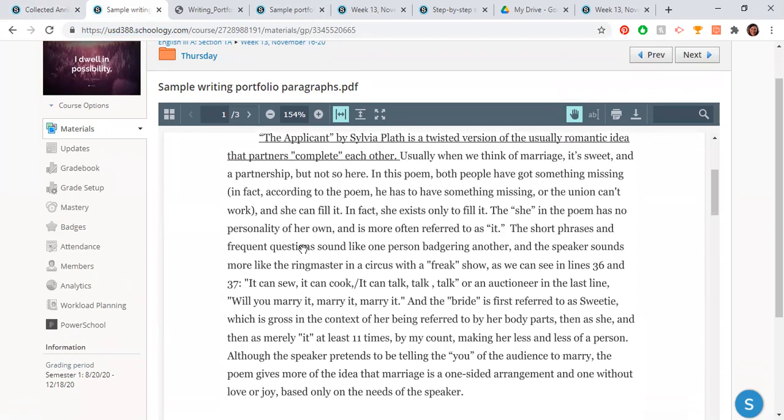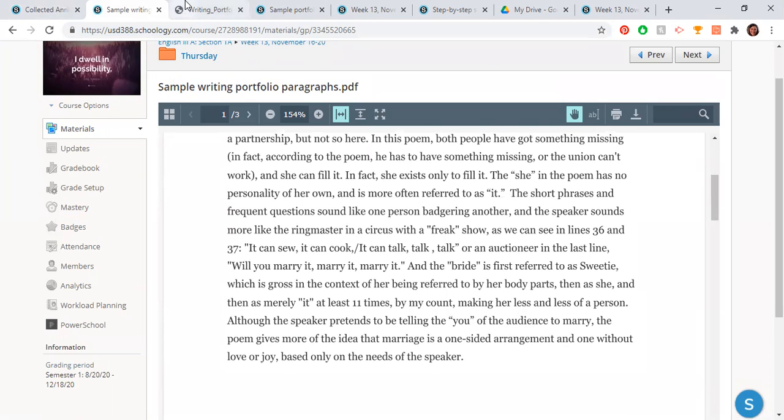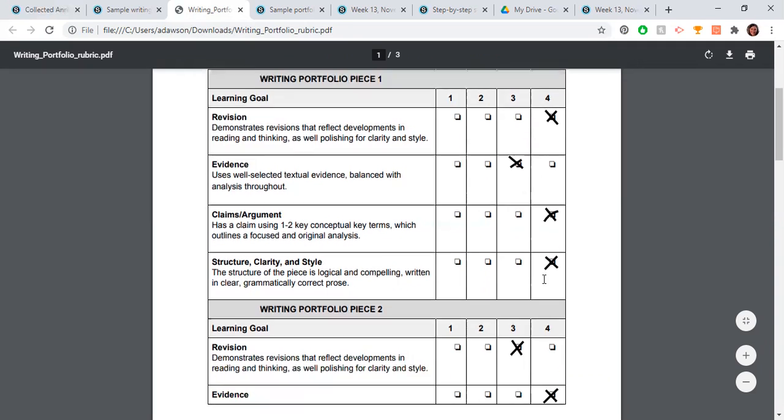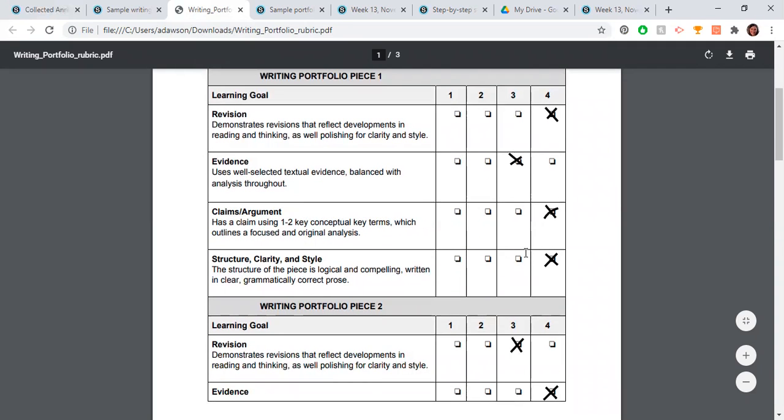There is definitely a lot, but it's not always balanced with analysis throughout, so giving it a 3. It does have an excellent claim or argument, which is very clearly marked, and the structure, clarity, and style are all very good.